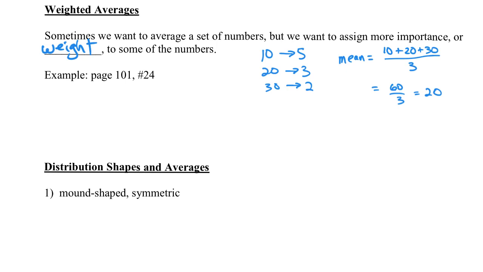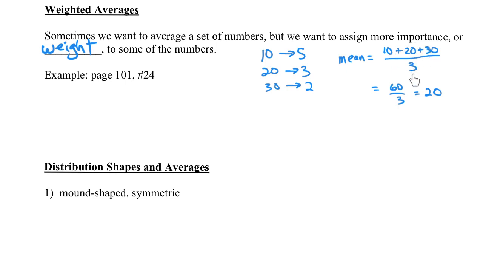So here's what we should expect. With a mean of 20, if we take the weighted mean, 10 is weighted a lot more. So there's going to be more weight on the 10. Since the 10 is below this mean, probably the weighted mean is going to be less than 20. Because here when we took the mean, all numbers counted the same. There's a 10, a 20, and a 30. They're all treated equally.